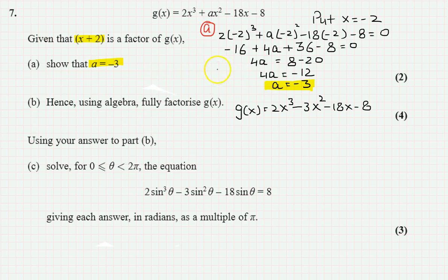So we have to divide it by the method of long division by x plus 2, because x plus 2 is a factor. We divide 2x cubed minus 3x squared minus 18x minus 8 by x plus 2. Now this is 2x cubed and this is x.